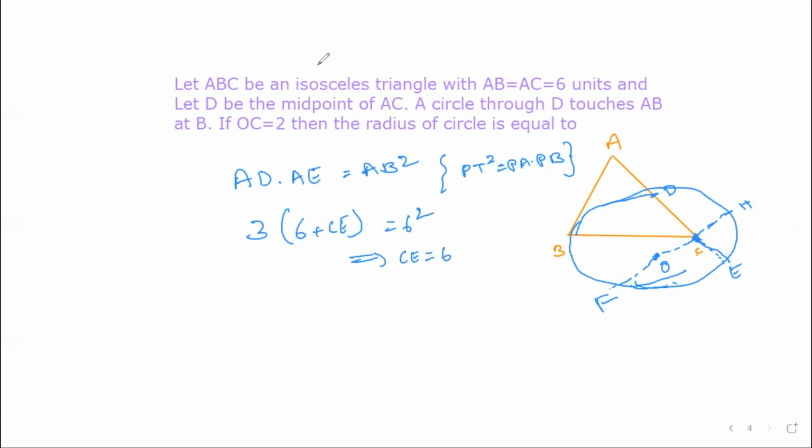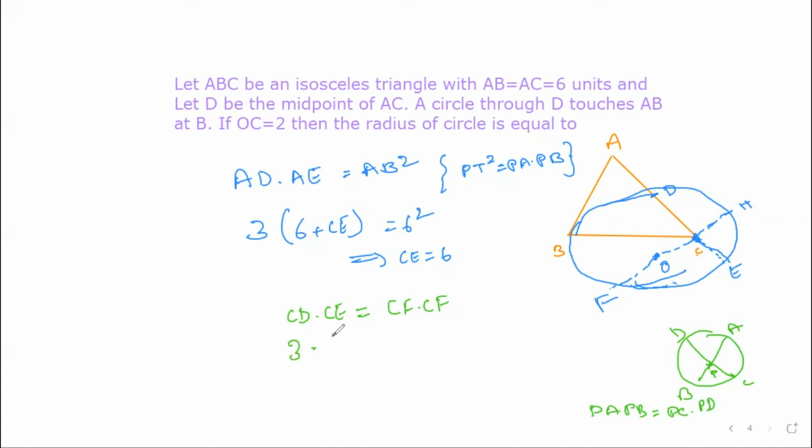Now the same property can be applied here. At C, CD into CE is equal to CF into CH. The point need not be outside; even if the point is inside the circle, we have the condition like PA into PB is equal to PC into PD. This is also a property learned in lower classes. So it is the concyclic condition only. We already know CD, that is the midpoint, so we have 3.